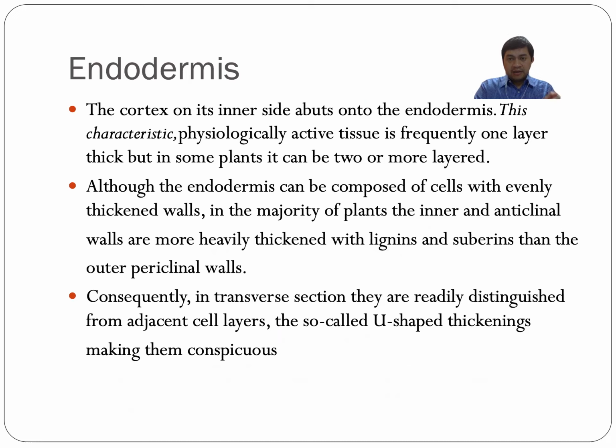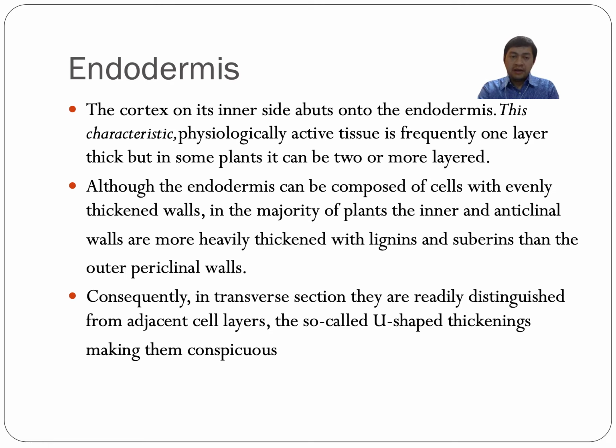This is the explanation for the endodermis: the cortex on its inner side abuts onto the endodermis. This characteristic physiologically active tissue is frequently one layer thick, but in some plants it can be two or more layered.